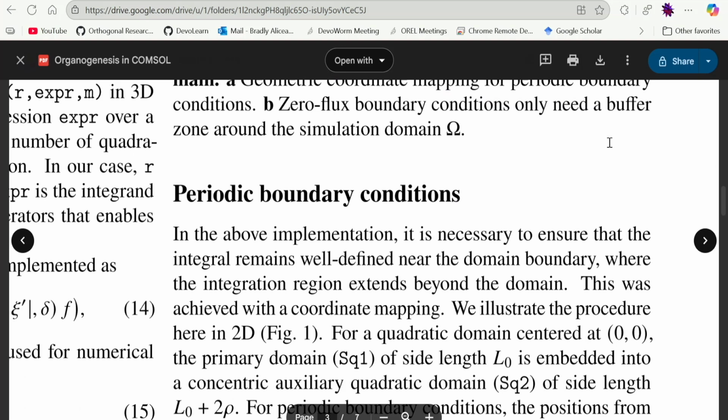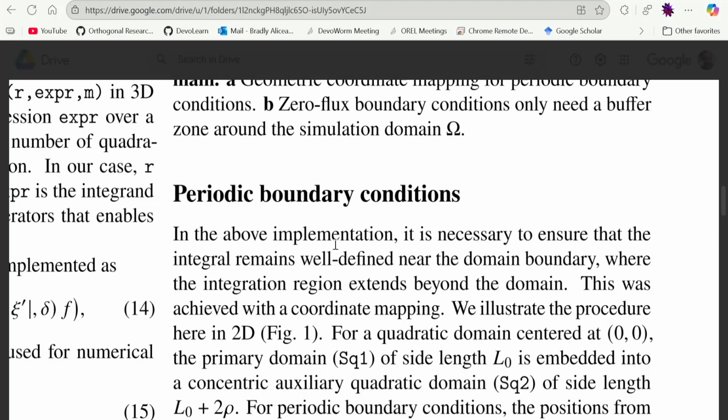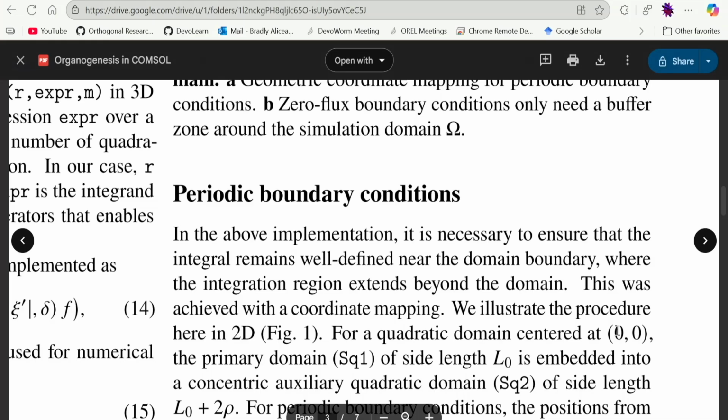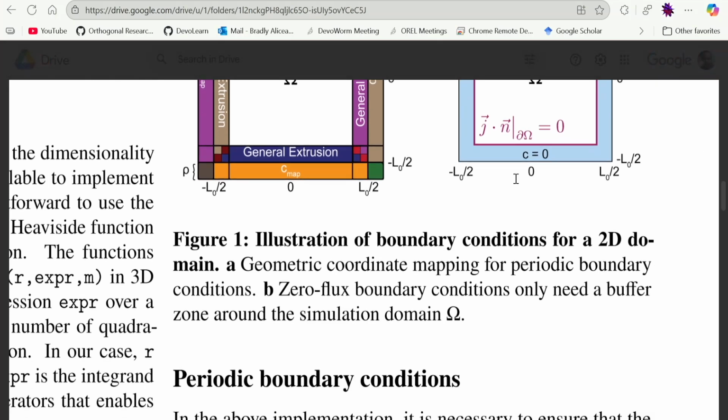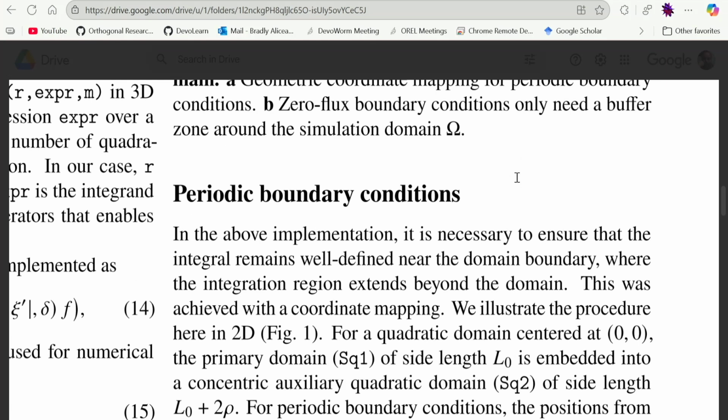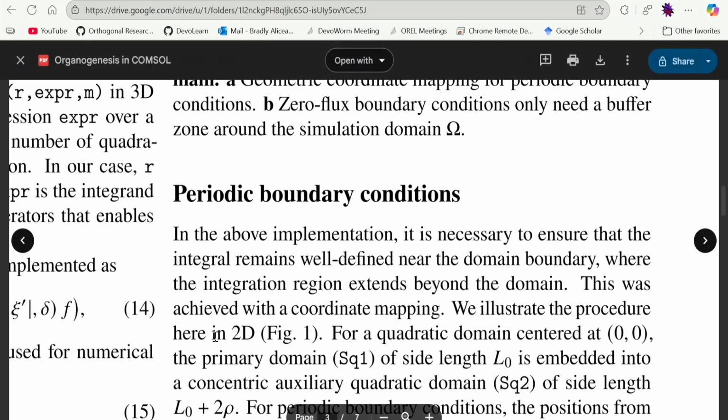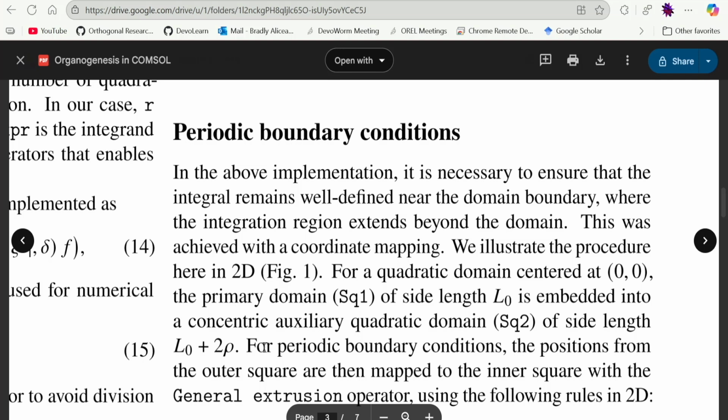In the above implementation, it is necessary to ensure that the integral remains well defined near the boundary of the domain, where the integration region extends beyond the domain. This was achieved with the coordinate mapping, which we saw here, with these things on the outside edge of these squares. We illustrated the procedure here in 2 dimensions for a quadratic domain centered at 0, 0.